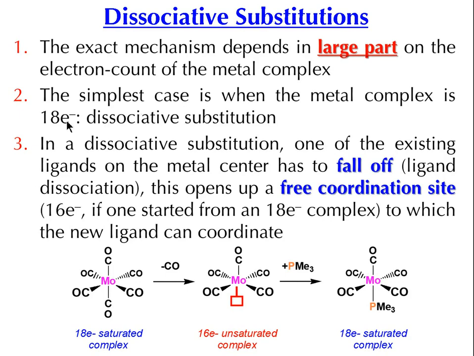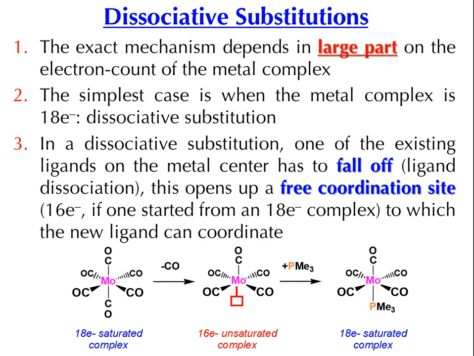For 18 electron complex, we have dissociation first of a ligand, then association of another ligand. So we have dissociative substitution. In the dissociative substitution, one of the existing ligands on the metal M will open a free coordination site.